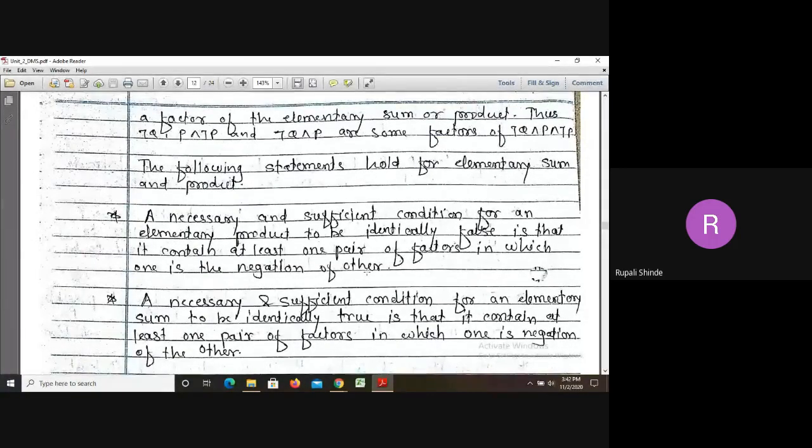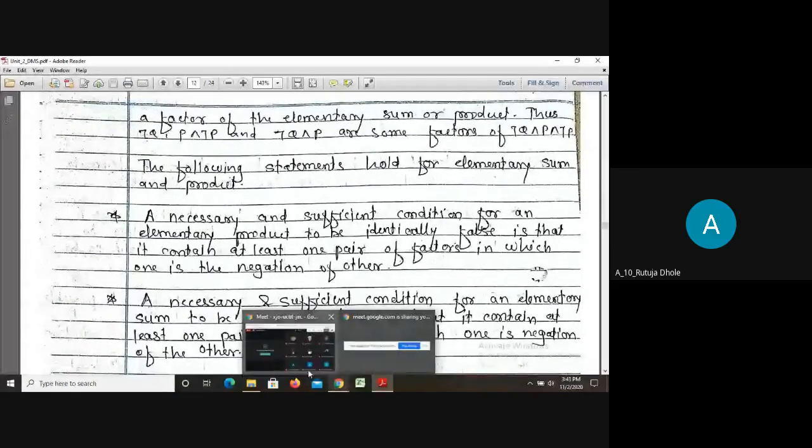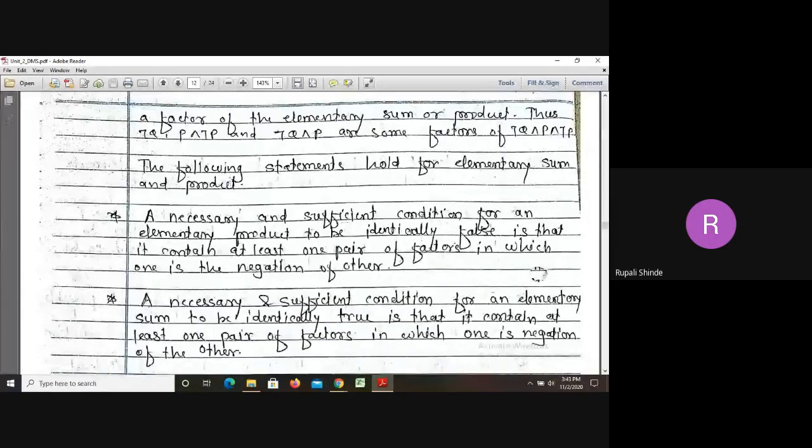This is a product operation between P and negation P. So its final value is false. That's why this condition is given: a necessary and sufficient condition for an elementary product to be identically false is that it contains at least one pair of factors in which one is the negation of another.